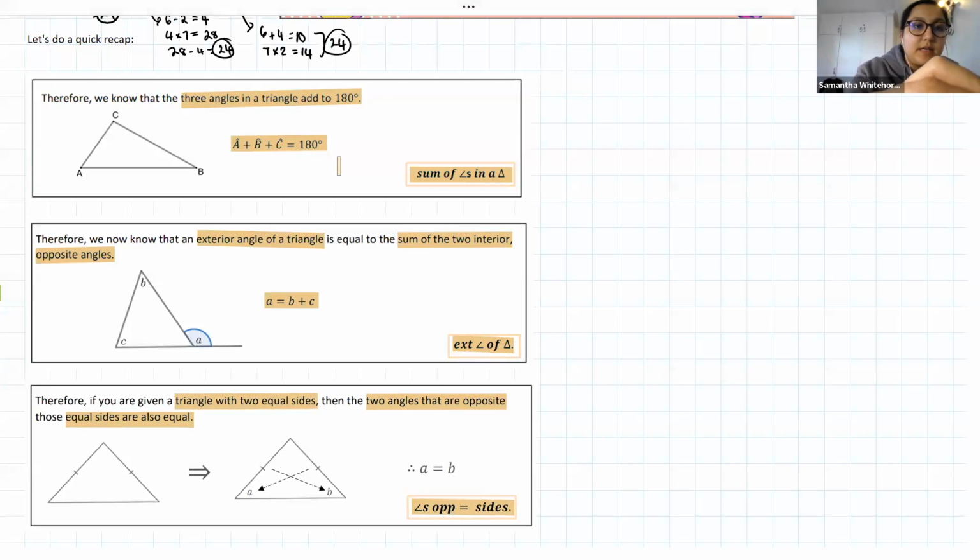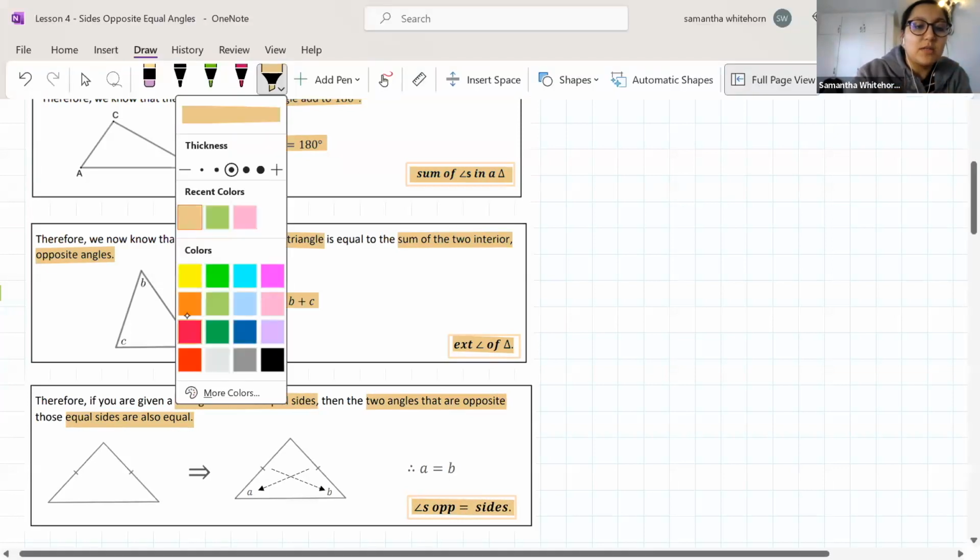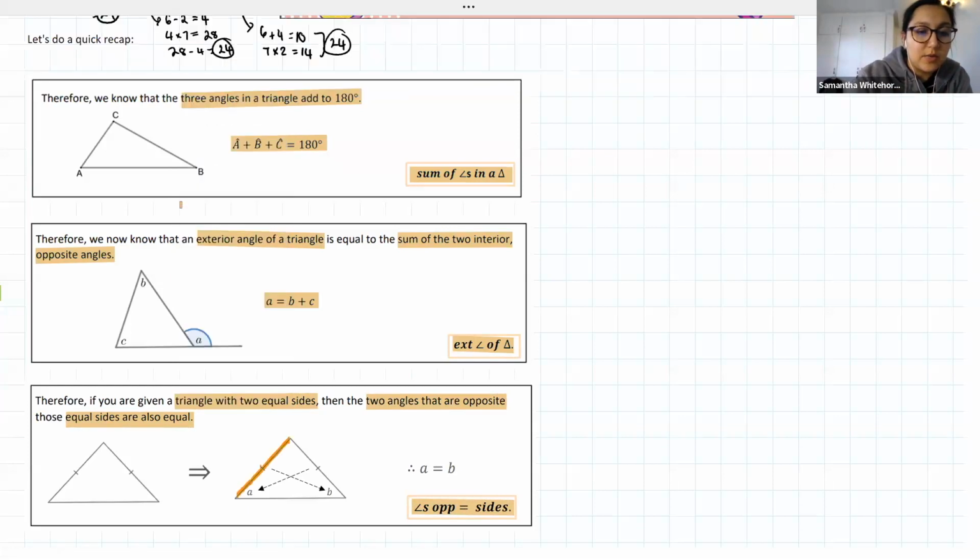So just a reminder, when you are given equal sides, so here my sides were given as equal, I know they were given as equal because I have those little line marks on them. The angles opposite are then equal to each other. And like I said, that was the reason that we learned on Monday this week.